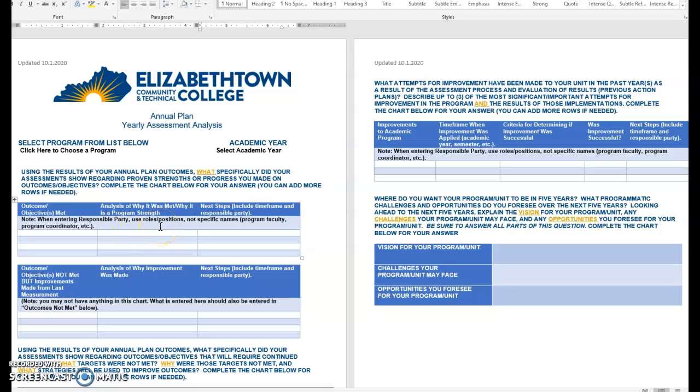So you might say it's program faculty, director of the assessment center, program coordinator, or the CAO, whatever group is responsible for making sure that change happens. And you can have more than one responsible party here.